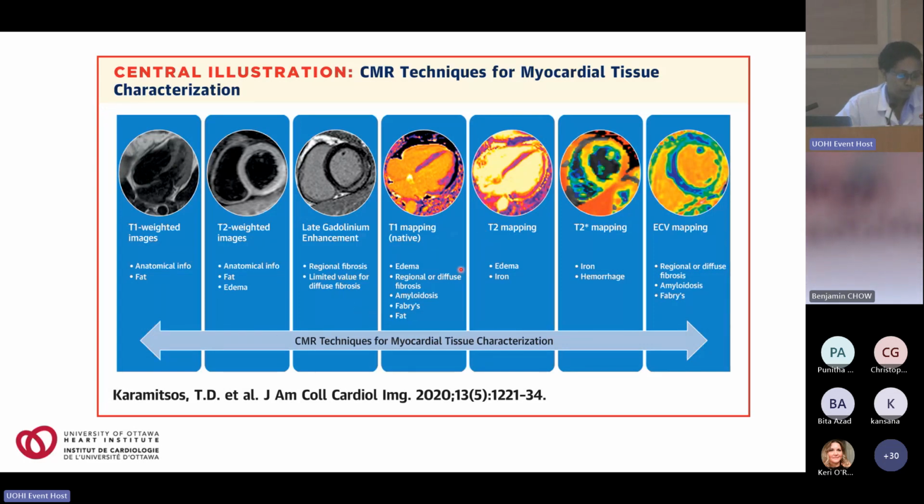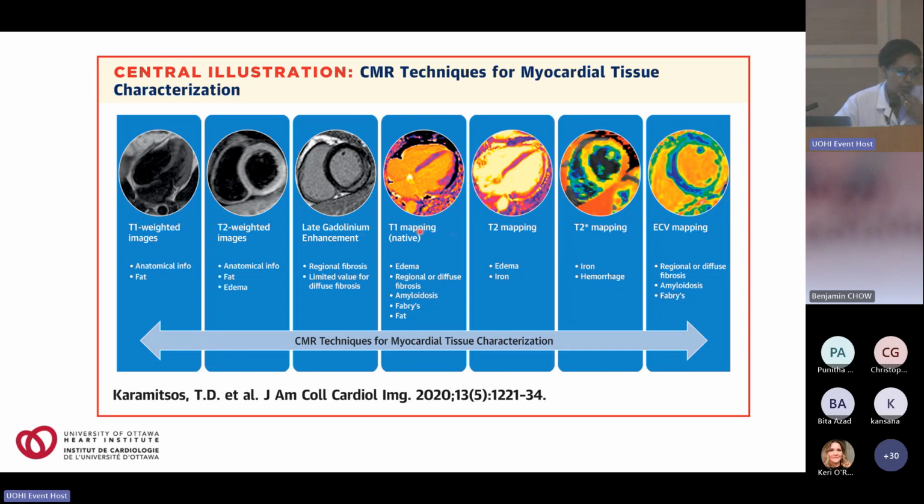For example, in T1 maps, other than just being a beautiful, colorful image, every pixel represents the mean T1 value of the tissue within that voxel. So this provides a lot of information about the tissue we're seeing.